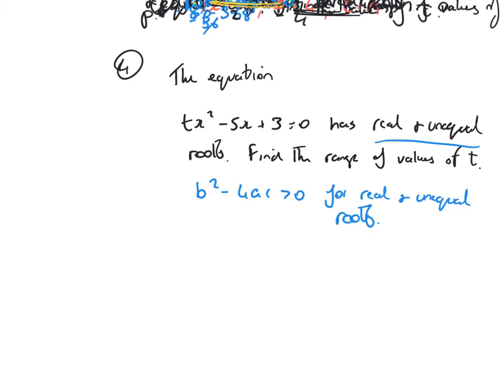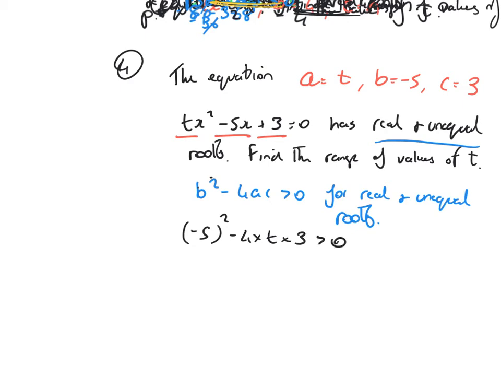Okay, let's now identify a, b and c. a is t, b is minus 5 and c is 3. Okay, and let's sub things in now. So b squared is going to be minus 5 squared, so let's wrap a bracket around that, minus 4 times a, which is t, times c, which is 3, is greater than 0.